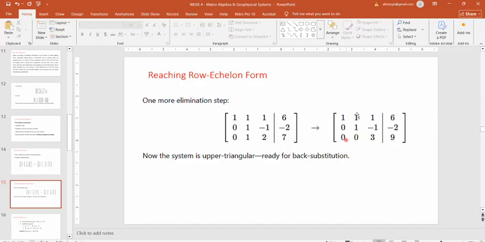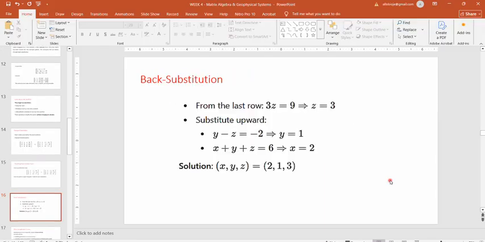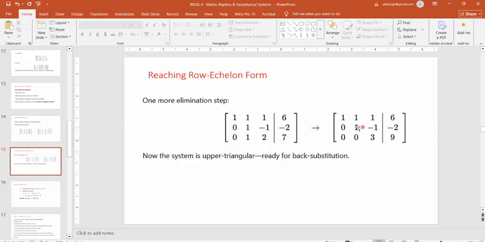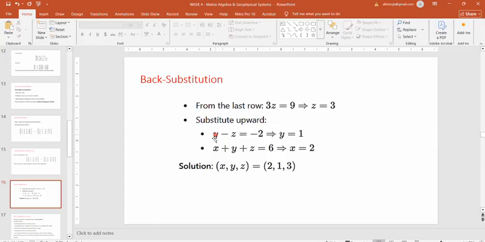Don't forget, this is X, Y, and Z. So this becomes 3Z equals 9. From the back row, 3Z equals 9, Z equals 3. Then substitute again. Go to the next equation, where we have Y minus Z equals minus 2.